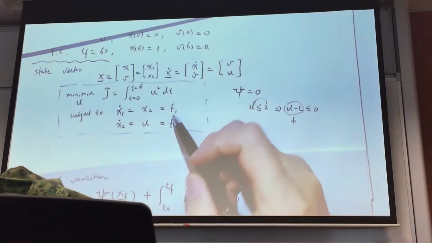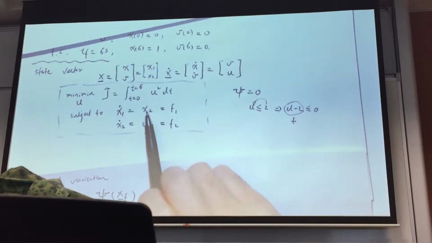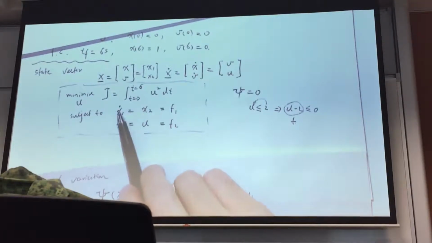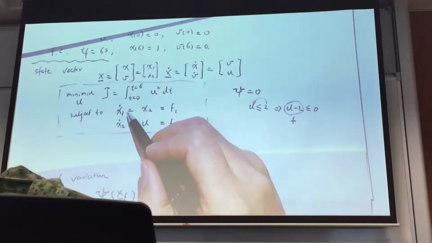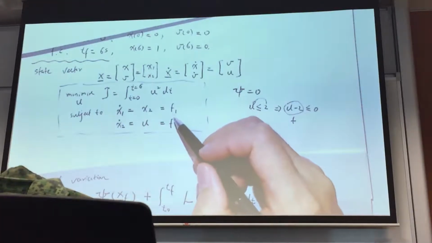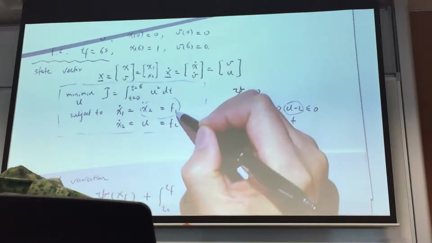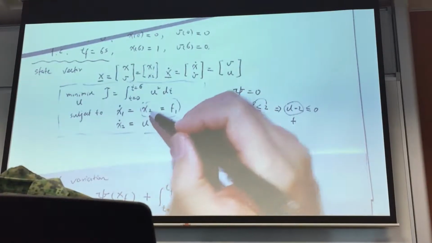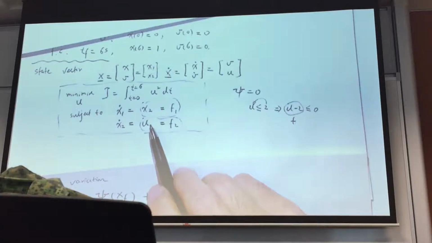But here, remember that you don't need to shift the x2 to the other side. You don't need this part to be 0. If you shift the x2 to this side, this will be wrong. So in this case, we have f1 equal to x2, and f2 equal to u.